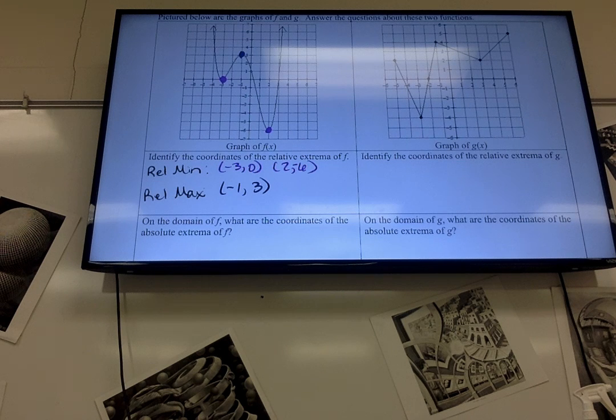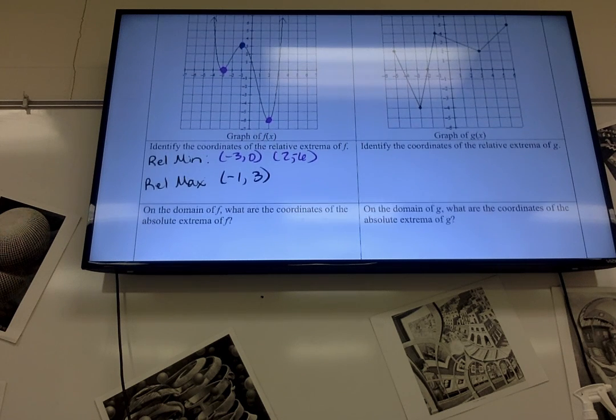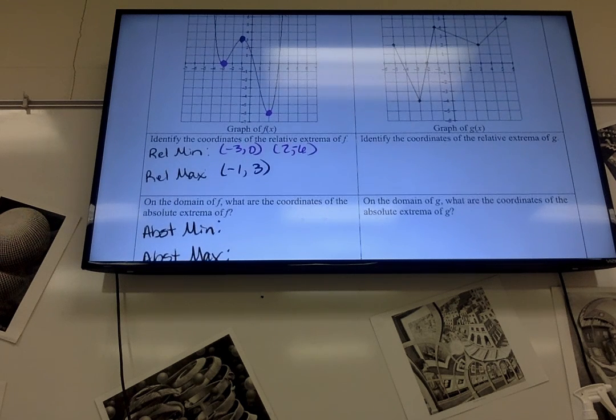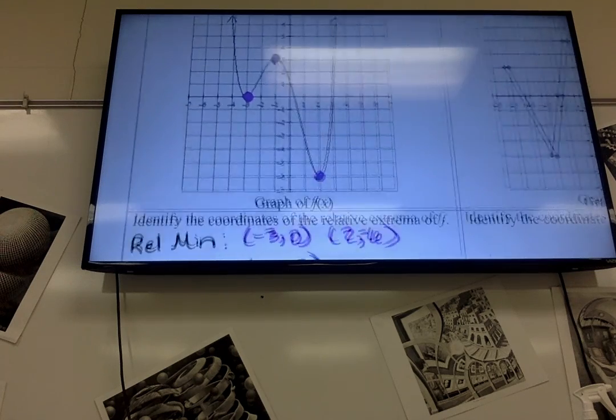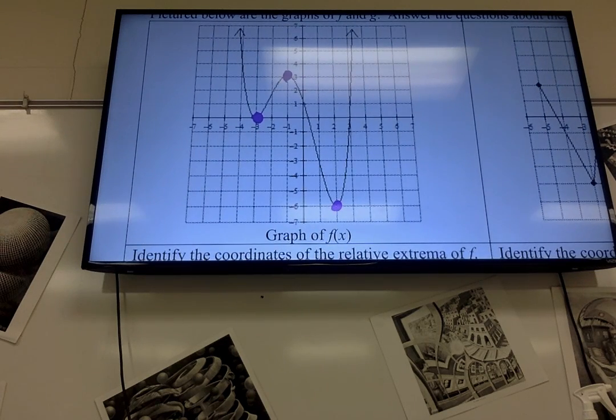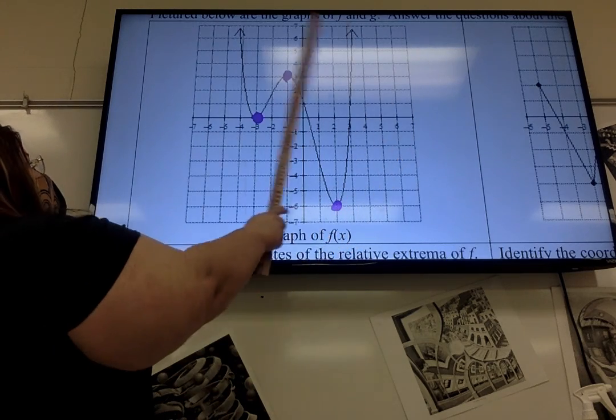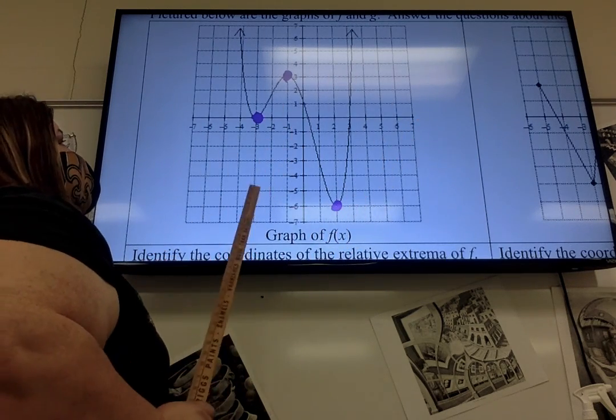Okay, then it says on the domain, what are the coordinates of the absolute extrema? So, we want to know if there are any, an absolute min and an absolute max. Looking at this picture, what's the lowest point period? Yeah, (2, -6). What's the highest point period?